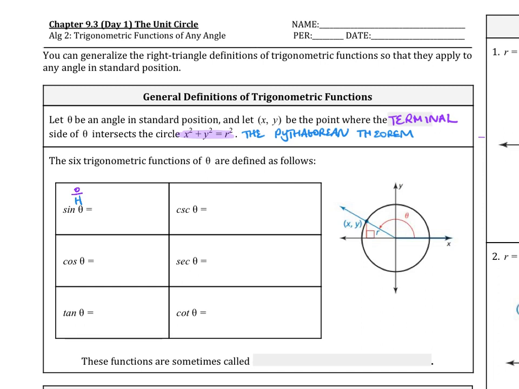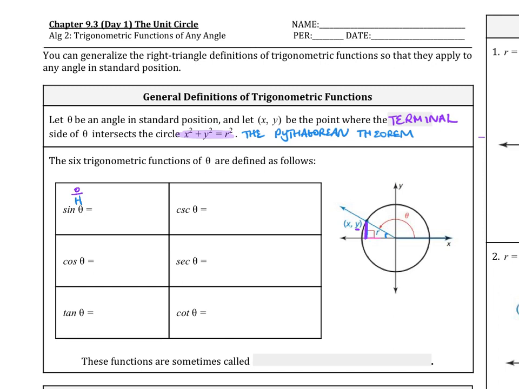So let's just say this is the angle here. Opposite pertains to what? Opposite is going to be this height here, and that should remind you that that is our y value. How far is it going up?